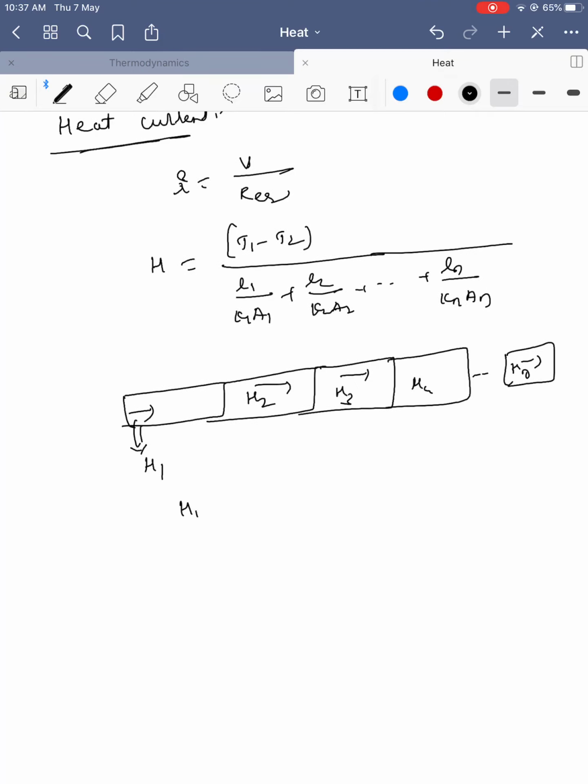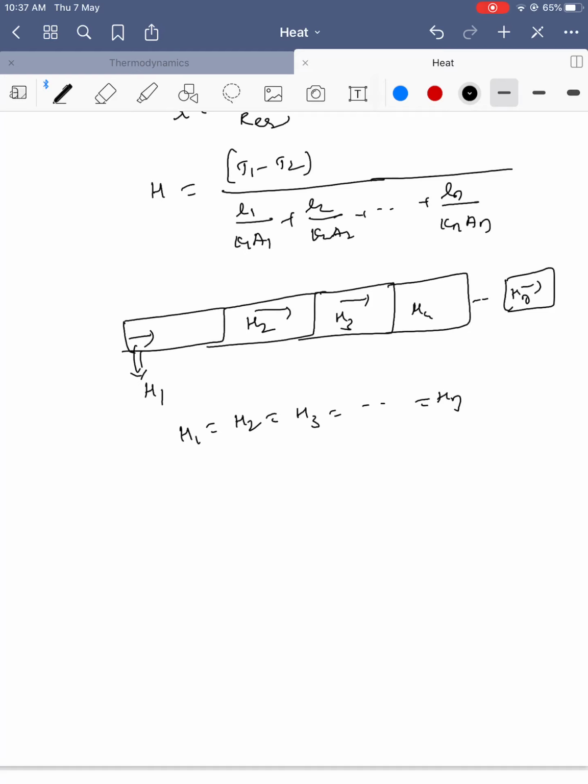So H1 is equal to H2 is equal to H3 and so on is equal to Hn. What is the H formula? Say here T1 and here is intermediate temperature T prime, and then T double prime, T triple prime and so on. H1 is nothing but T1 minus T prime by R1.